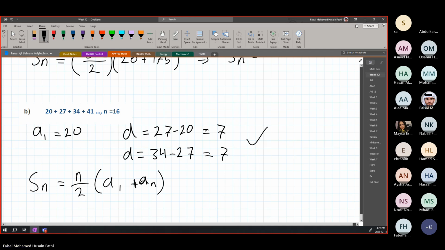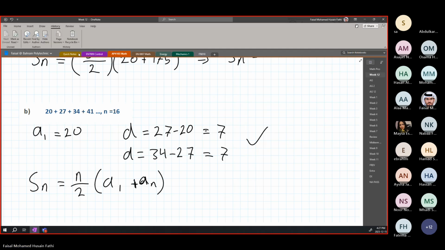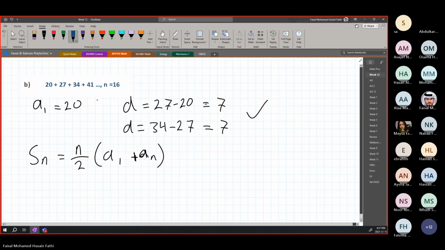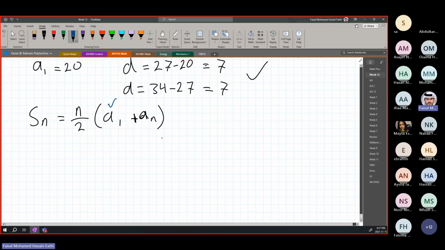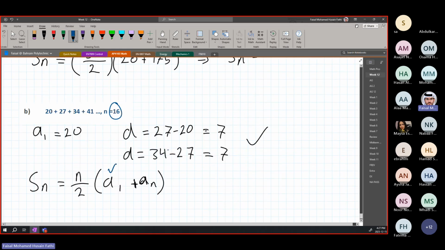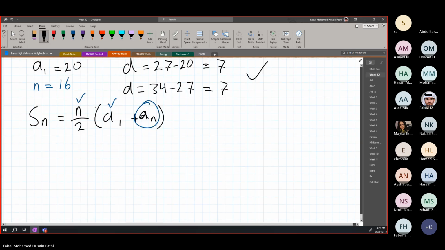Now, we have A1. They gave us n at 16. So we have n equals 16. But we do not have an. So we need to solve for an. An is equal to a1 plus n minus 1 times d.